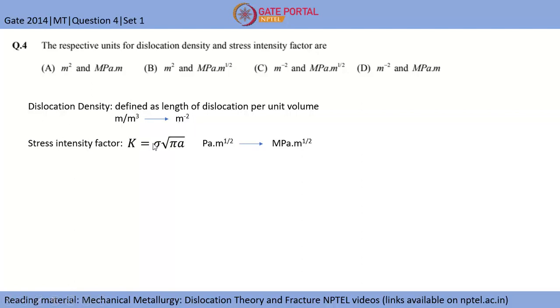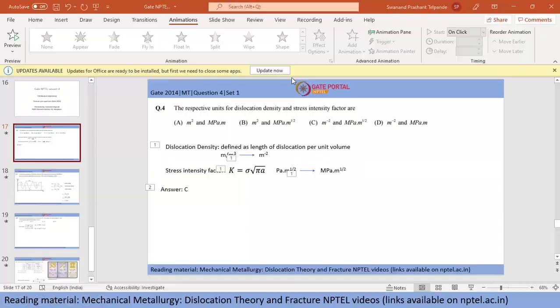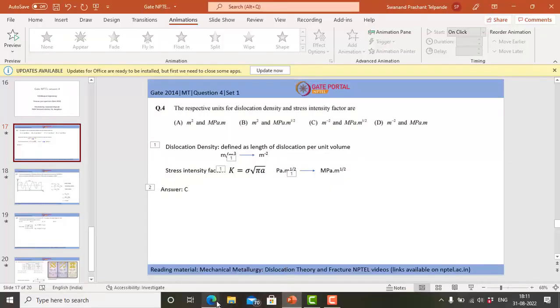And the stress intensity factor, which is K, is defined as a function of stress as well as root of pi A. Hence the stress unit is MPa, Newton per meter square, and A means the crack length, which is in meter. So root of meter is meter raised to power half. So the unit of stress intensity factor is MPa root meter. So combining this, the correct answer is option C. I hope this is clear, Vikas.